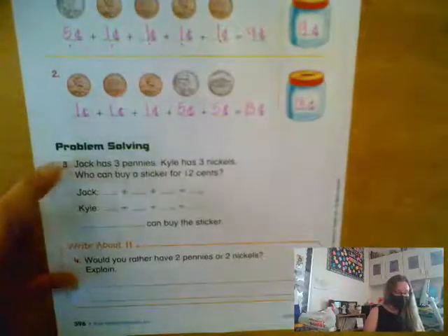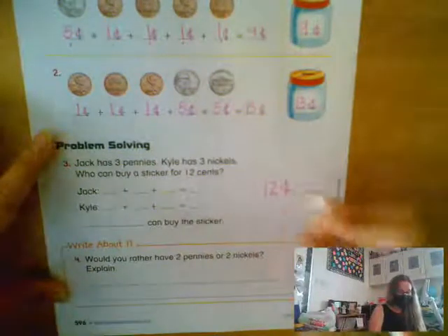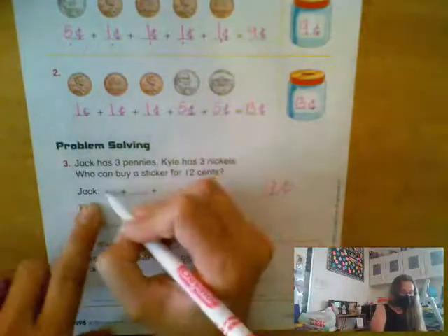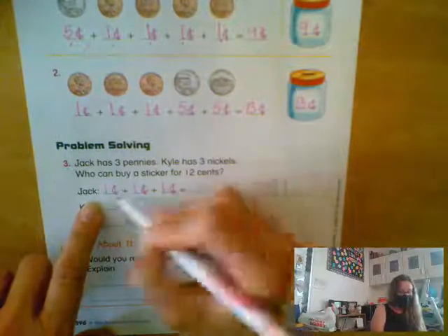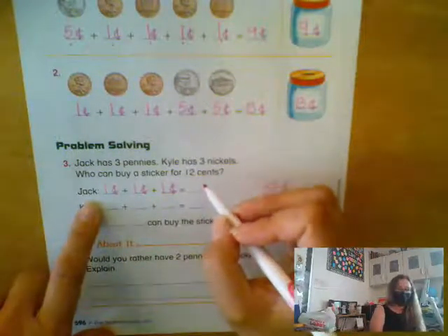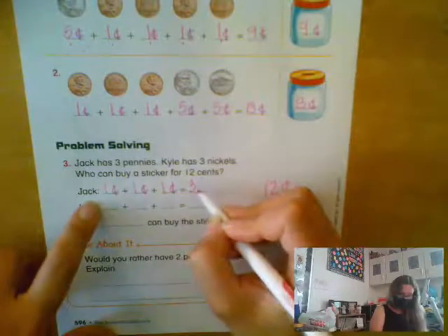Blake, Jack has 3 pennies. Kyle has 3 nickels. Who can buy a sticker for 12 cents? So Jack has 3 pennies. So he has 1 cent, 1 cent, 1 cent. So how much does he have, Blake? 3 cents.